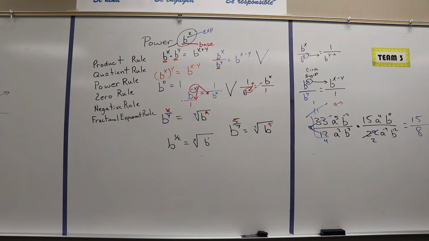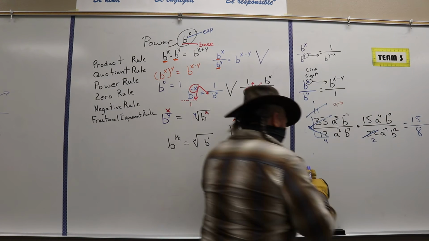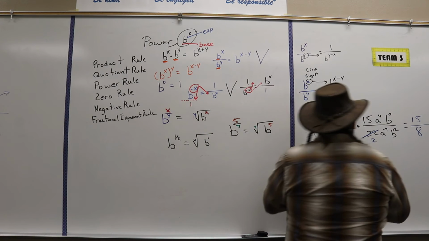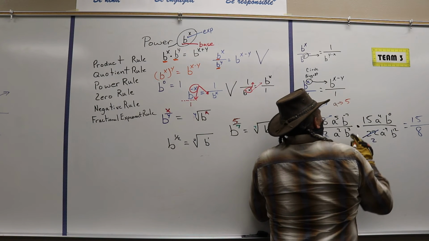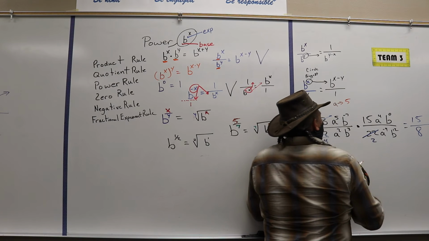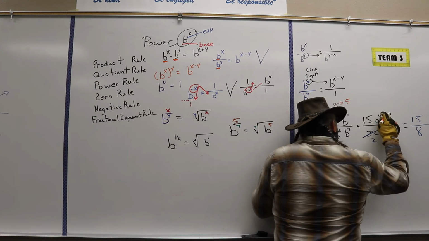Because we're multiplying, it's a to the 5th times a to the 4th.